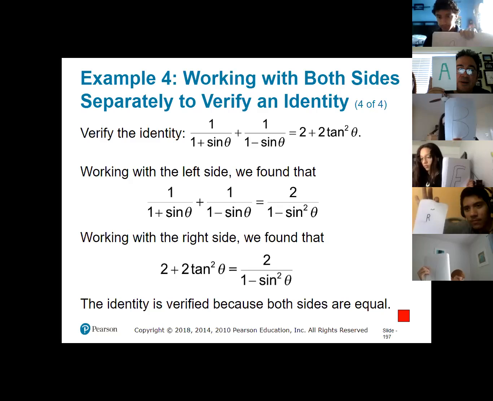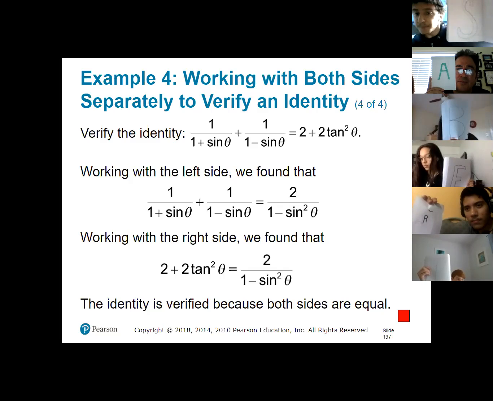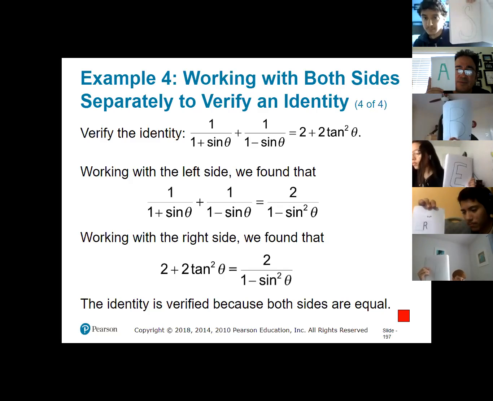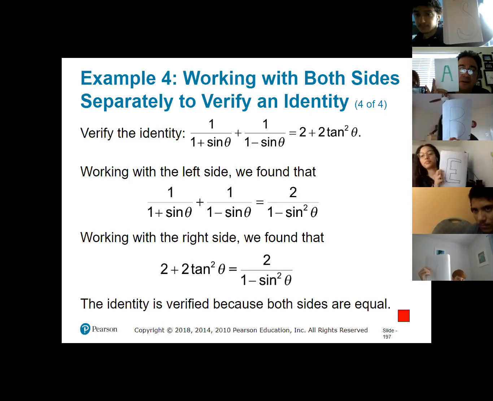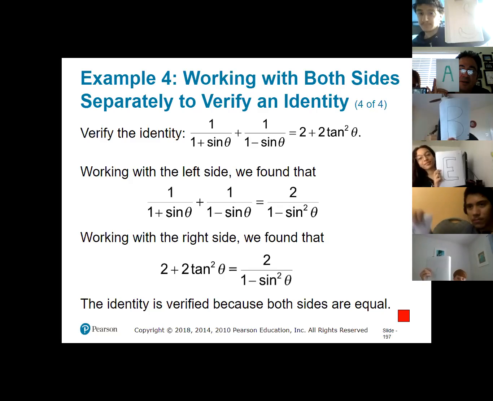That's backwards. Make it darker. The R. Okay, take a picture, Jackie. Okay, last one. One, two, three.